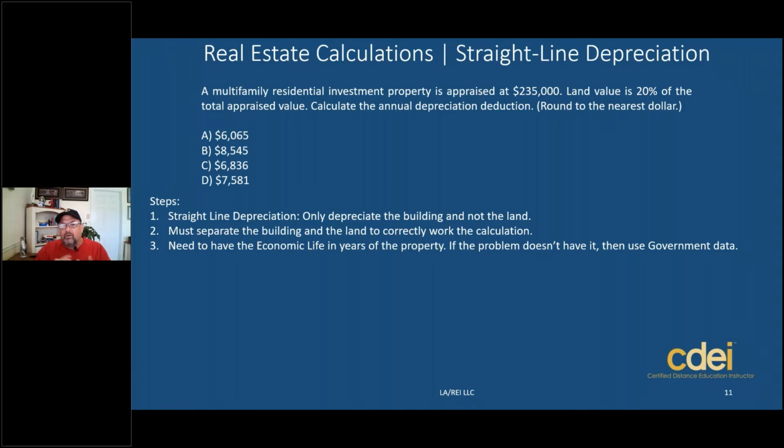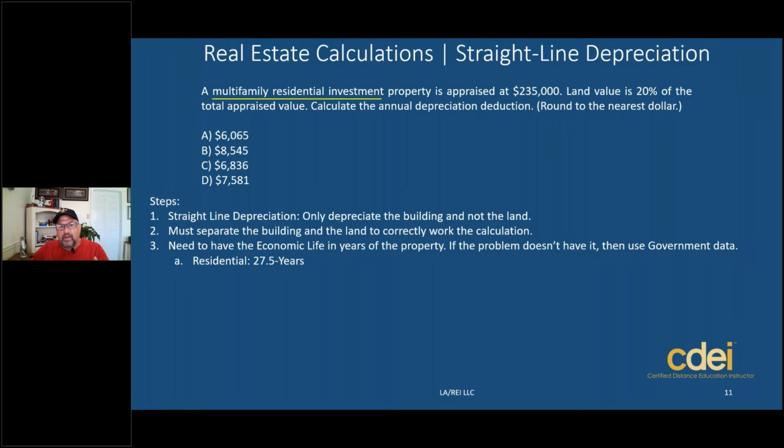Okay, now if the problem, and I'm talking about the real estate calculation, does not give you the economic life, you have to understand that the government offers a standard economic life for residential and for commercial, okay? For residential, it's 27.5 years. Now, I've underlined in the question just now, multifamily residential investment.